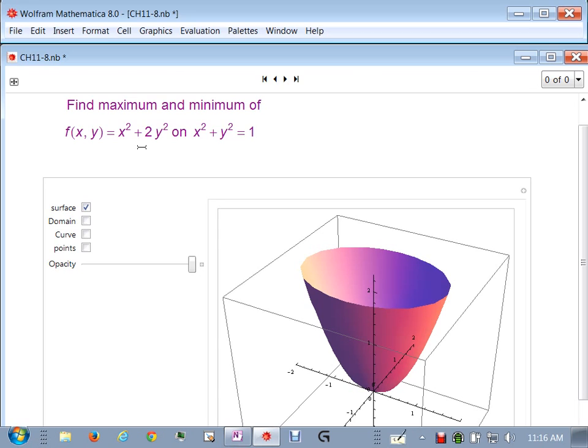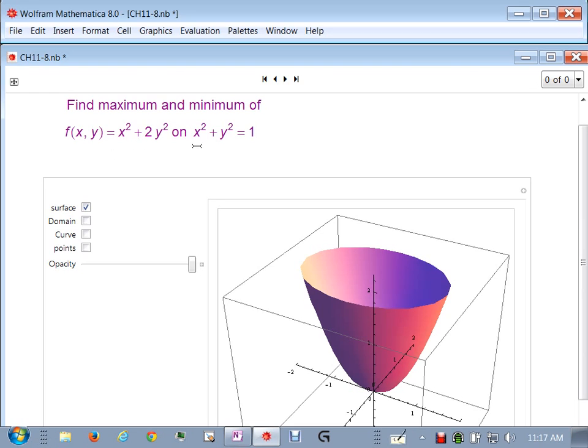If I ask you to find the max and min of this without a restriction, you would calculate D, and you would get the bottom of that bowl as a local minimum. But that's not what's being asked. You're being asked to find the maximum and minimum of that function on that restriction. Do you see the restriction here?